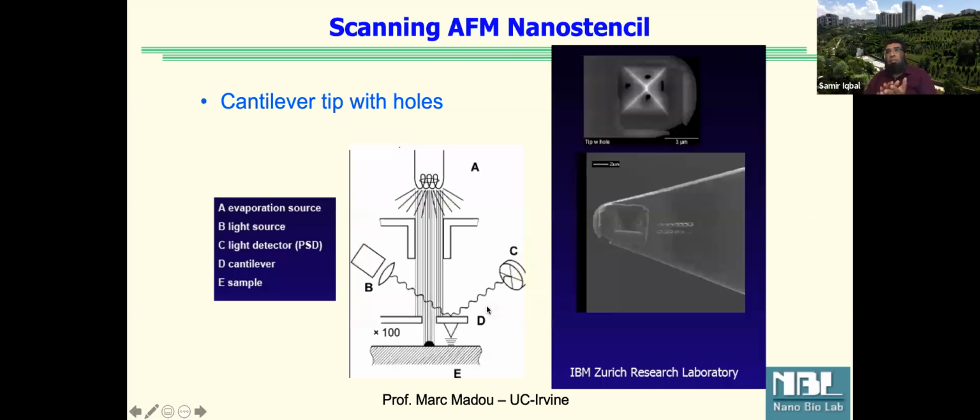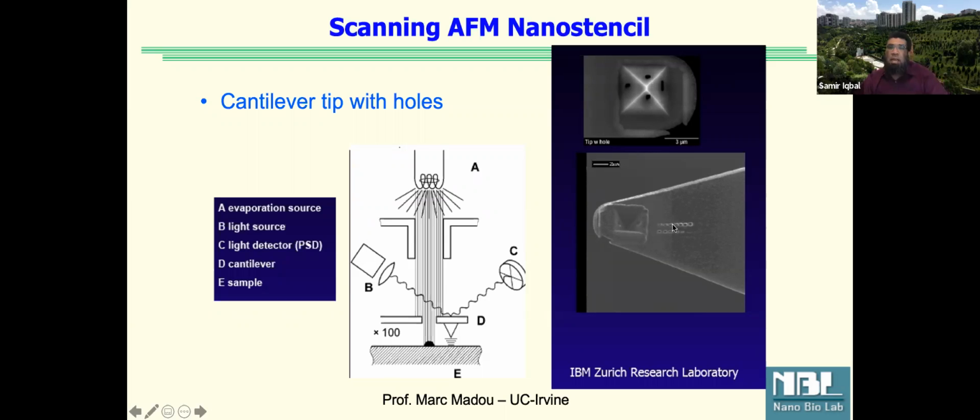And there's another variation, what they call nano stencil, where, if you look at this, this was the concept which I was saying, that it's kind of the jumping board and there's a tip at the bottom. In that tip, they have created holes so they can detect not just the position, but they can shine light through those precise openings on that tip.